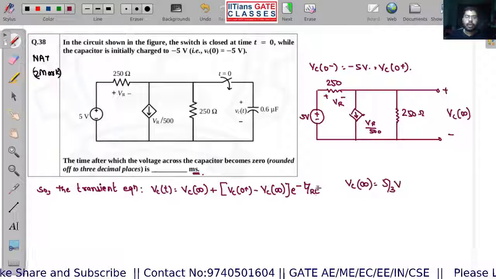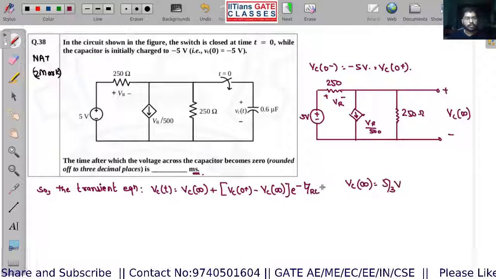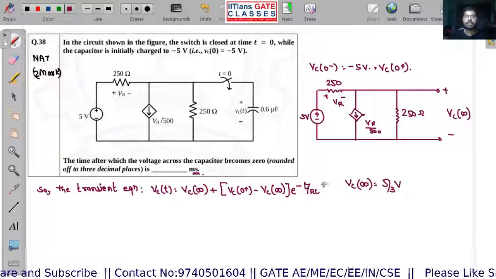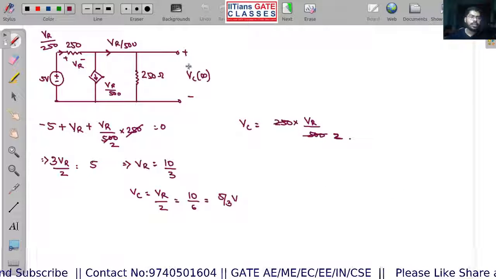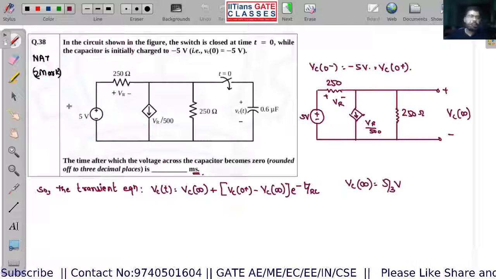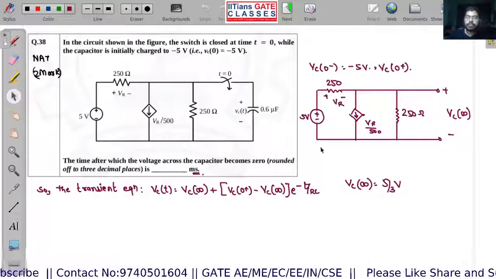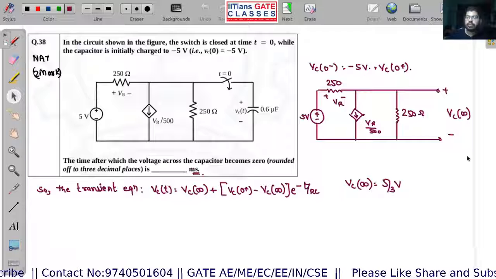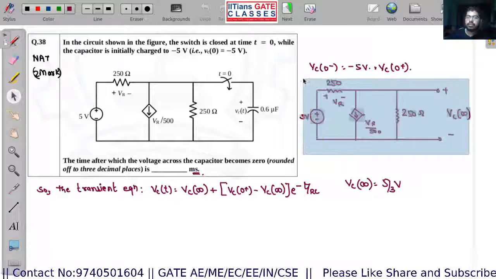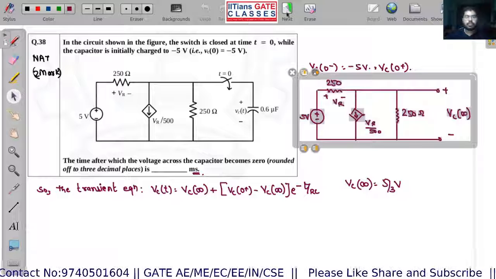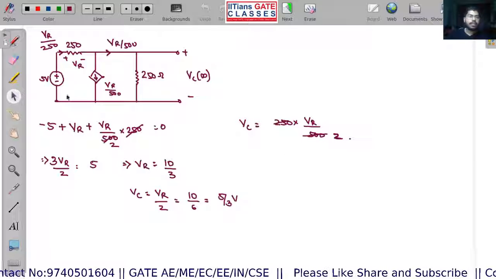Now I need to calculate the time constant of this circuit. Okay, time constant, RC is the time constant. So in the same diagram I am going to find the time constant. How? Let me copy this once again, and I am erasing this whole part.